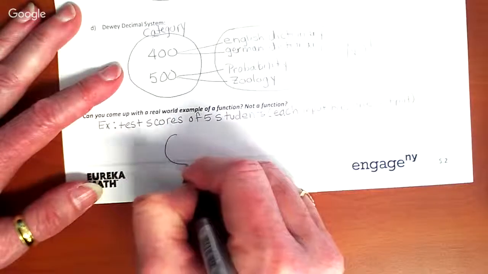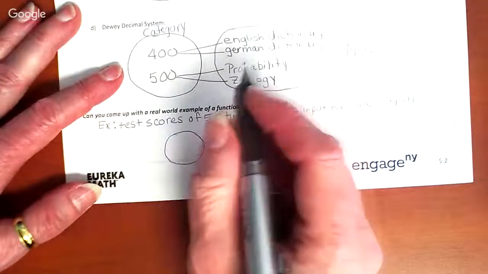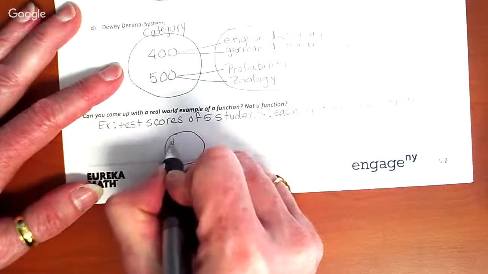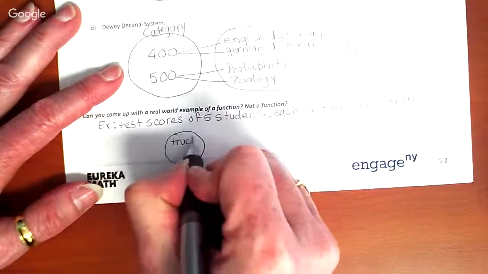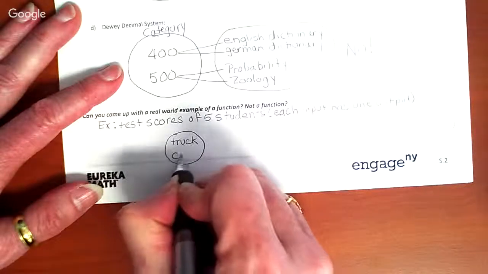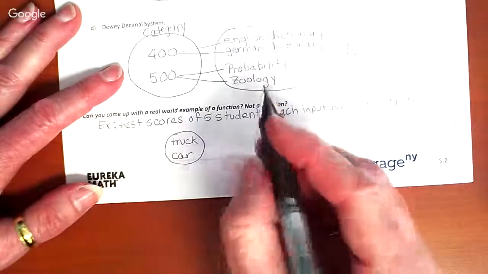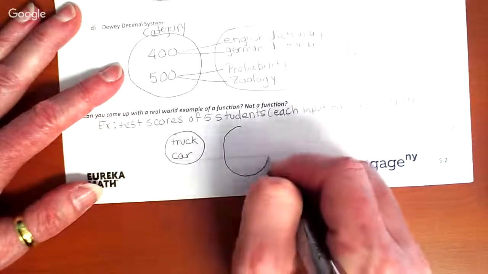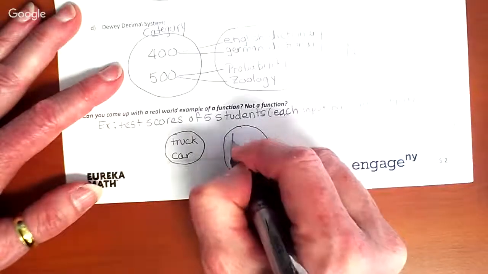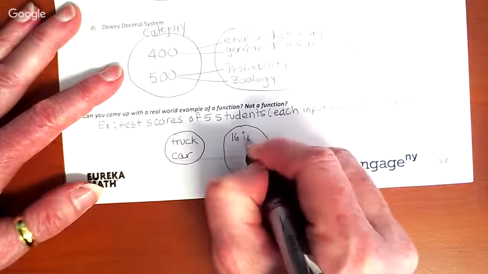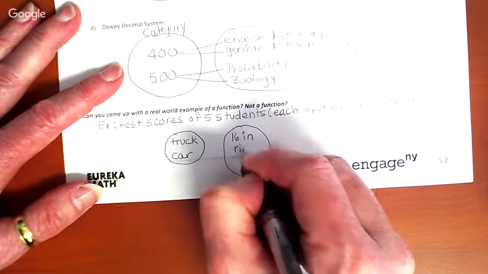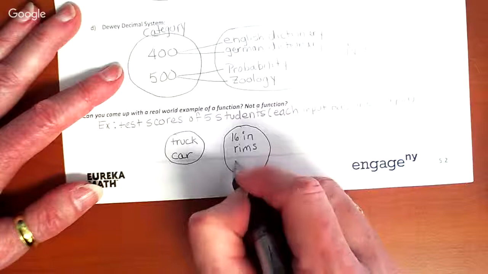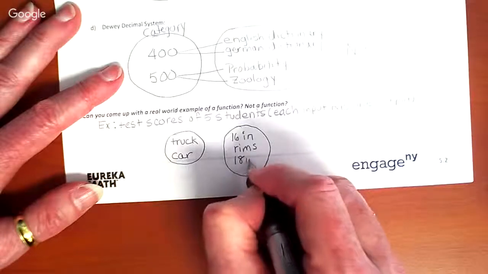Now for a non-function, I have a truck and a car. They have 16-inch rims and 18-inch rims.